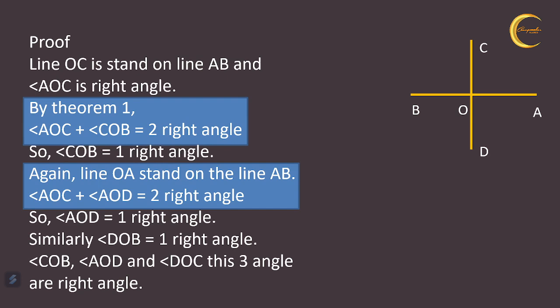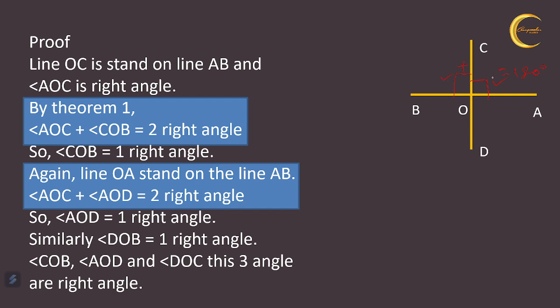Let's come to the proof. So this is our diagram, and you see here this AOC is 90 degrees, and this is the AB line, and this COB is the supplementary angle. So this angle plus this angle, if we add them, equals 180 degrees.